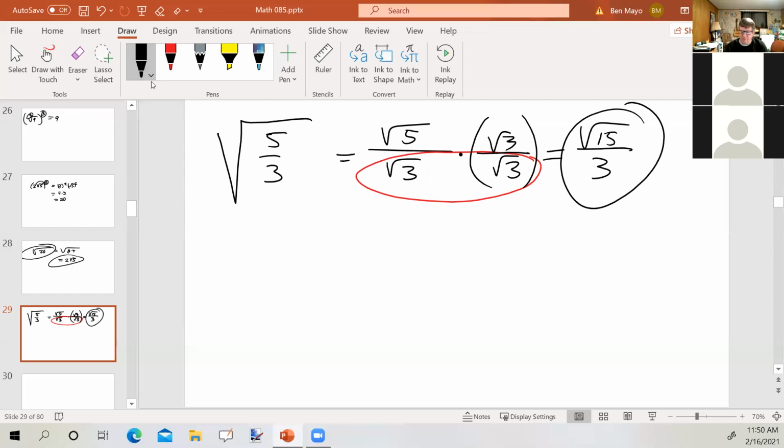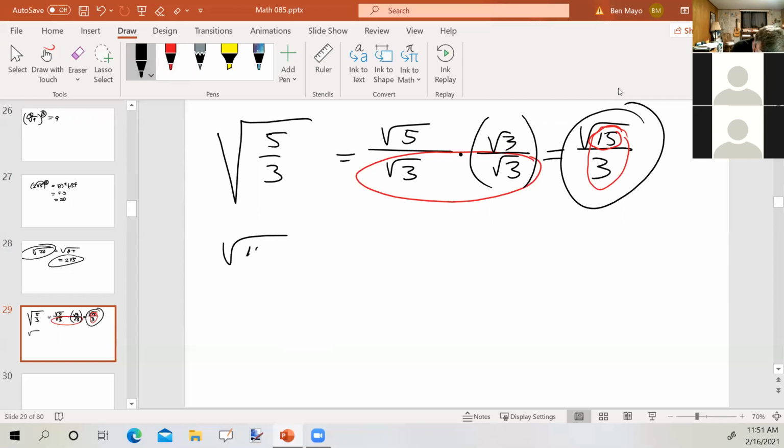So what have I done? I've rationalized the denominator. Now be careful. Right here, that 15 and that 3 cannot reduce because the 15 is inside the radical and the 3 is not. So I can't do anything there.